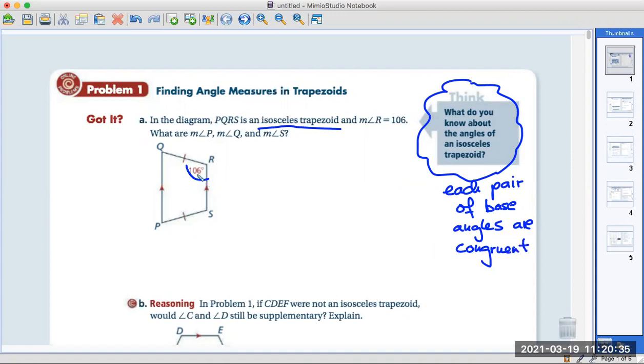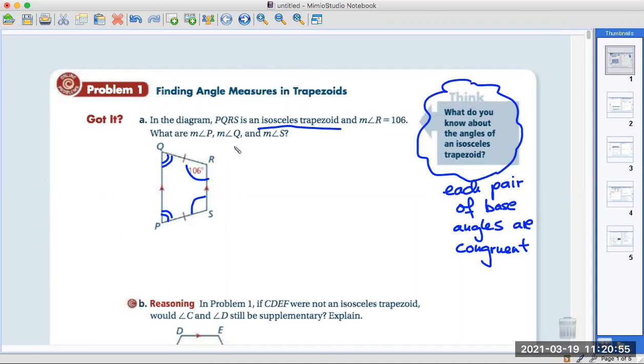So that means that this and this is the same. These two are base angles because remember it's flipped up, and this is the same. These are the base angles. If you tilt it down, it'll be the right side up. It'll be the base actually, okay?